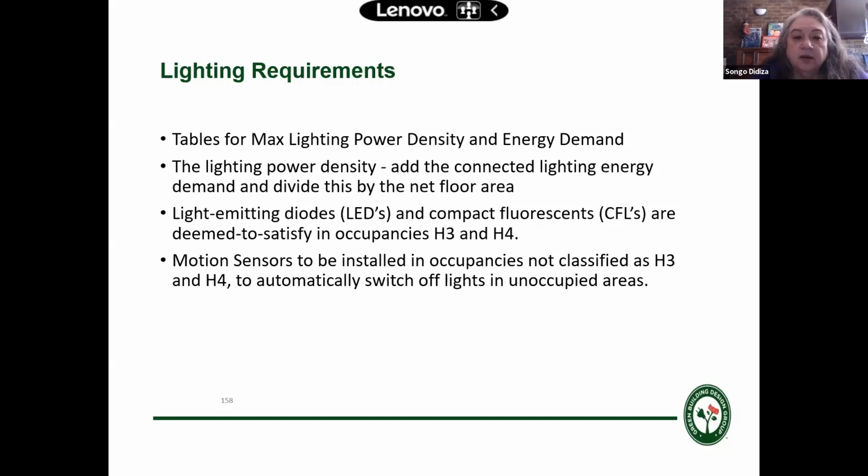So if you look at incandescent light bulbs, they used to be 60 watts, 100 watts. Now you've got the CFLs, compact fluorescent lighting, and the LEDs, light emitting diodes. And they give the same lighting level at much lower wattage.